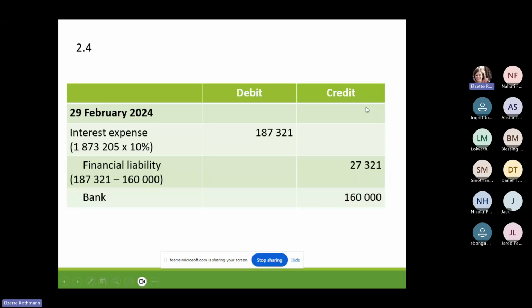And then you'll see your interest will be less than your payment. So then the balancing figure will be a debit. So it's not always going to be that the balancing figure is credited. In this specific scenario, if you have a future value, then yes, your balancing figure is a credit. But if you had a future value of 0, because everything will be converted, then your balancing figure is probably going to be a debit. So just be careful of that.